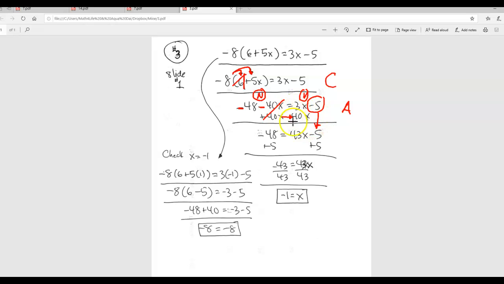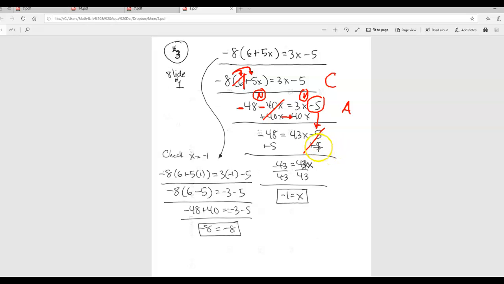And notice I did an inverse operation involving variables here, okay? So let's go down to this part of the equation. -48 equals 43x minus 5. Now remember the rule. I need this side to be nothing but variables, but notice I have a -5 over here. Now this side could be all numbers. It's looking pretty good, but still got a number on this side over here. So I have 5 negatives and I have 5 positives.